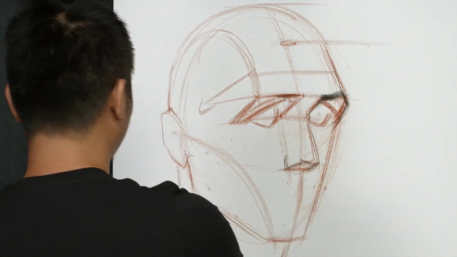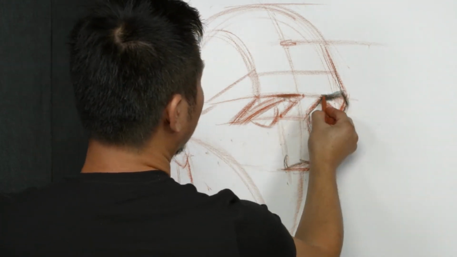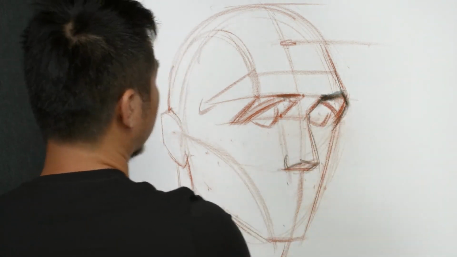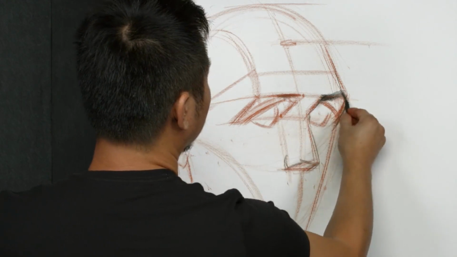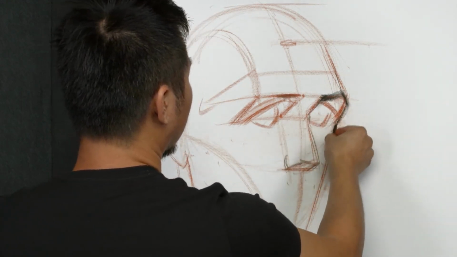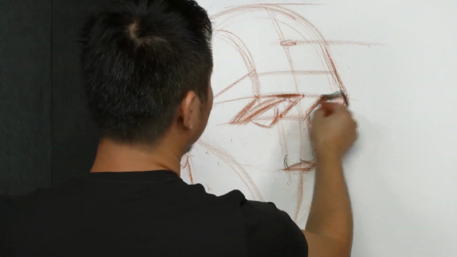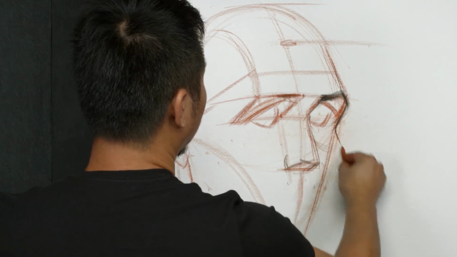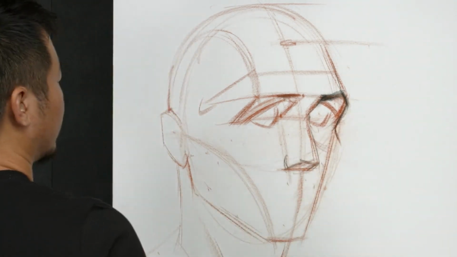So it's not just a two plane. There's an additional plane. It comes over and then kicks out of your cheekbones.